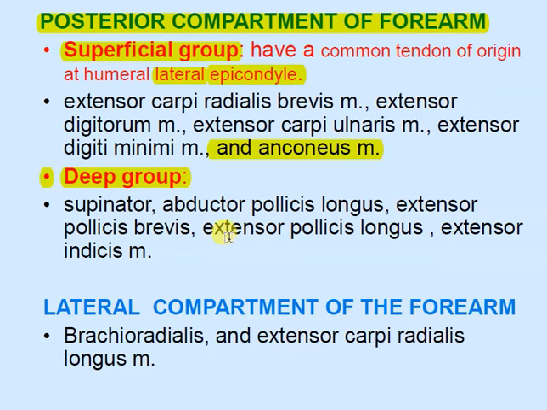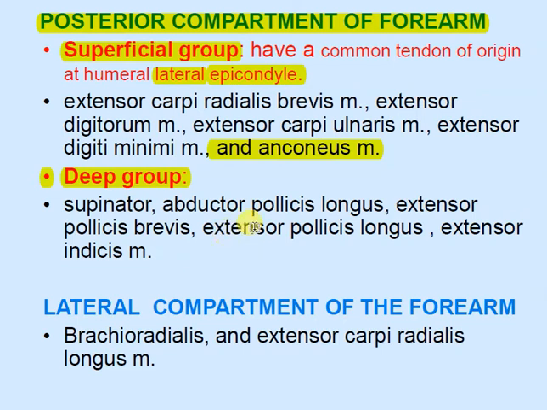You see, the extensors are of two kinds, brevis and longus. All of them tend to extend the thumb. And then we have the extensor indicis muscle, that is in the deep group of the posterior compartment. So in the posterior compartment you don't have the intermediate group of muscles, but you have the superficial and deep.